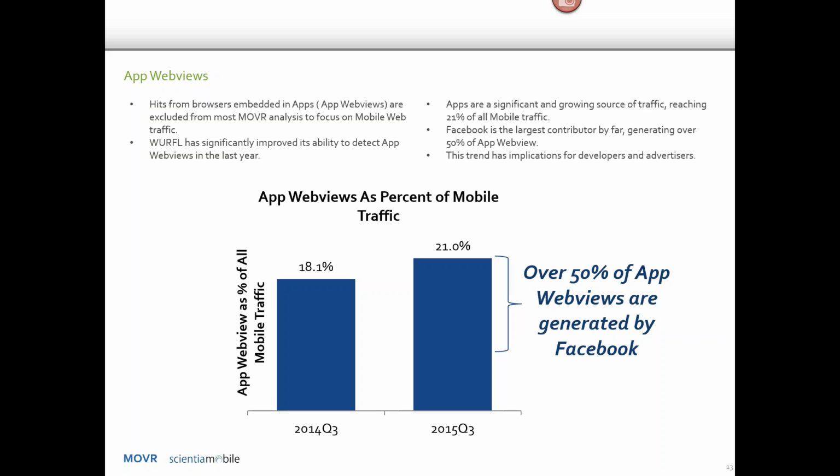Looking a year ago in 2014, about 18% of this is actually based on iOS traffic, because we see the iOS app web views a little bit better. We see the same thing on the Android side, and about the same proportions. But it's gone from 18% up to 21% over the last year, and Facebook is kind of the 900-pound gorilla here. They generate over 50% of the app web views that we identify.